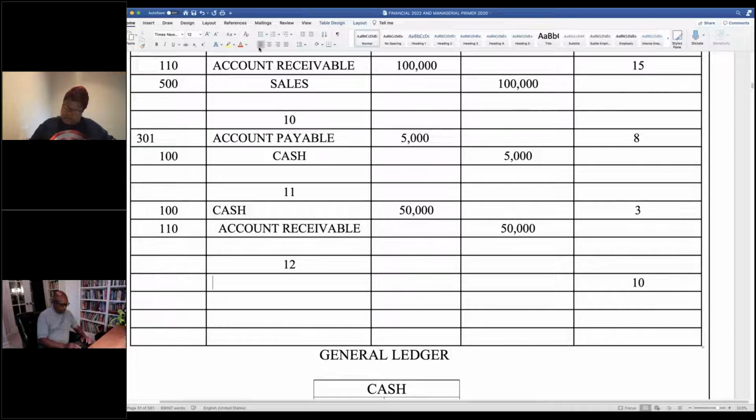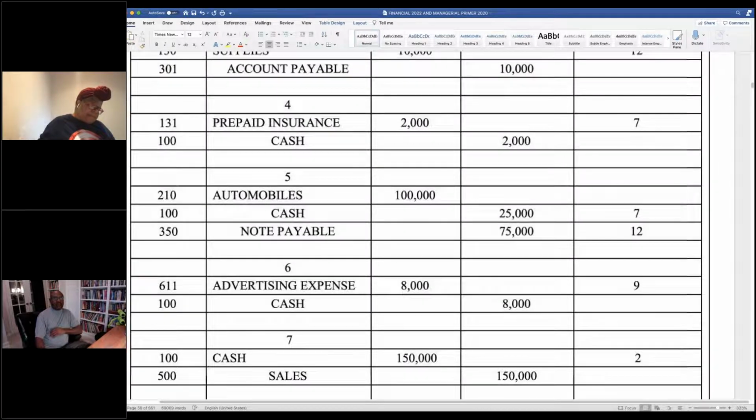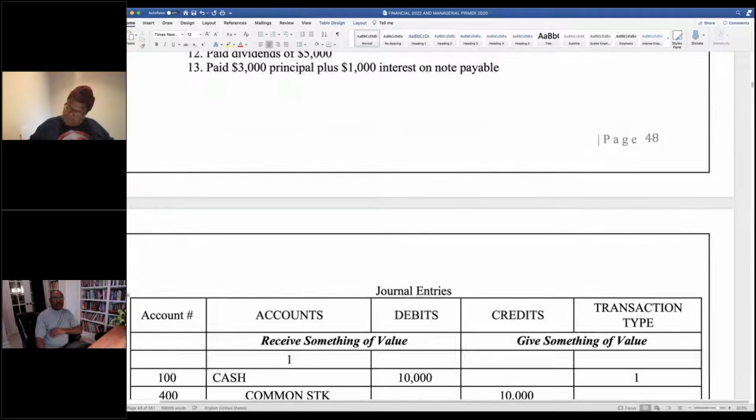Credit cash. And what was our amount? 5,000.